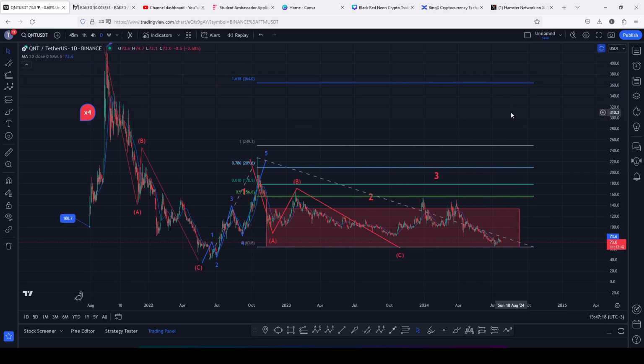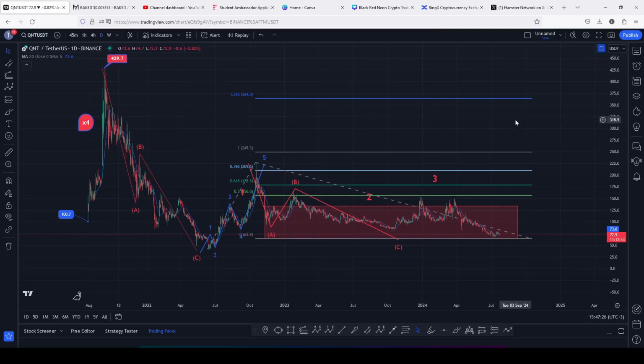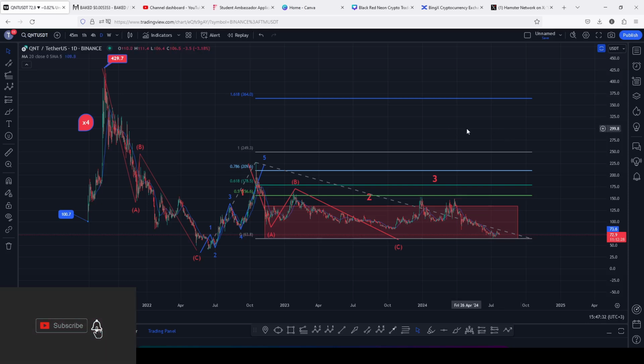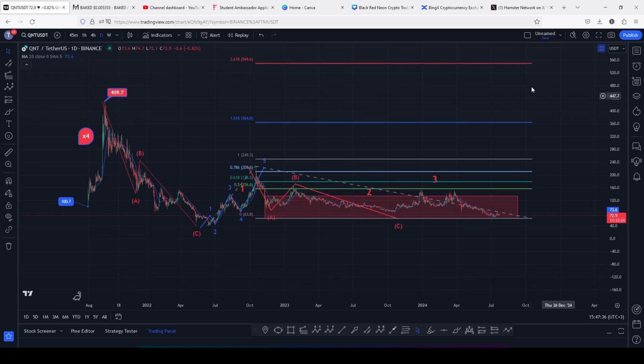That is the minimum target area that we can expect that Elliott wave count 3 to the upside to do. That means that there are high chances that in the next coming months, once we start that aggressive bounce, that is the first minimum target area to watch out for in that Elliott wave count 3.